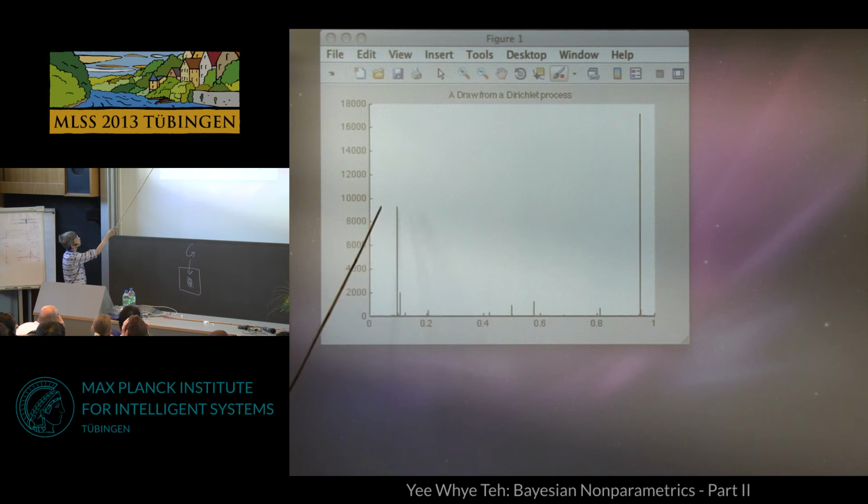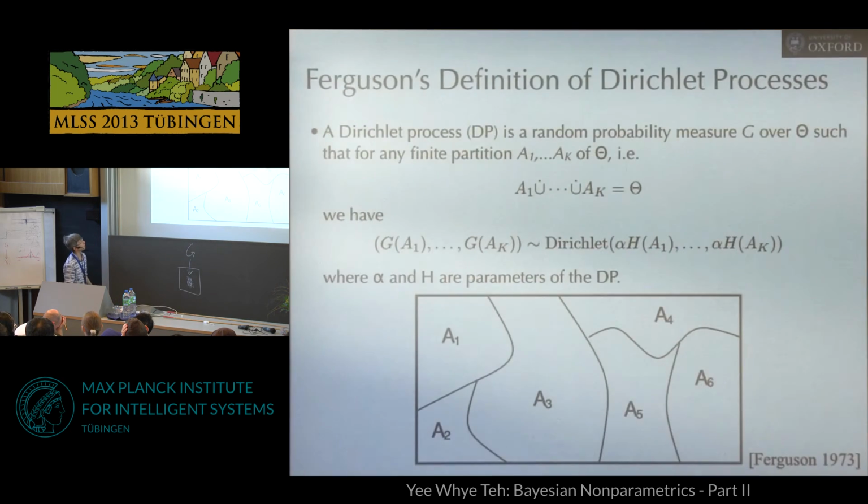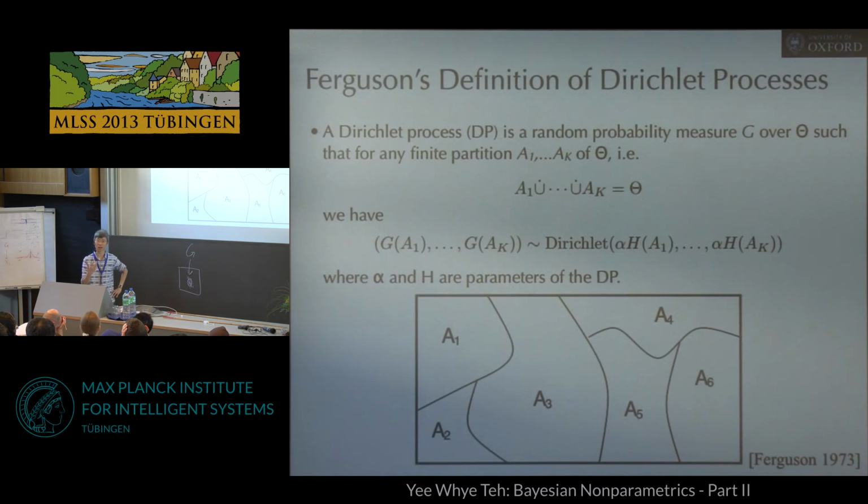Each of these vertical lines tells you that there's an atom with a mass proportional to the height of the line at that point of the space. That's how you see that the definition of the Dirichlet process given by Ferguson leads to an atomic distribution.